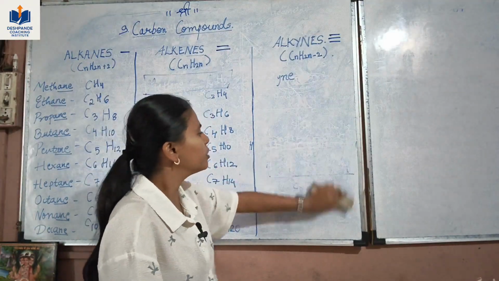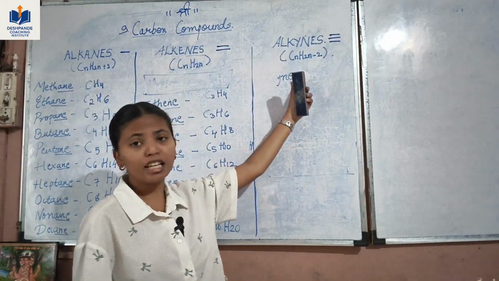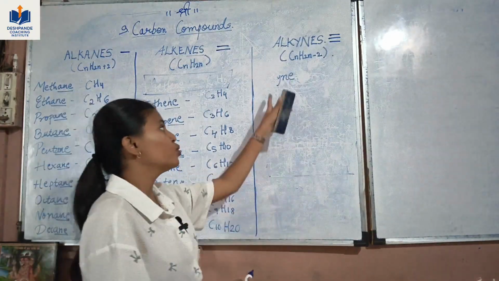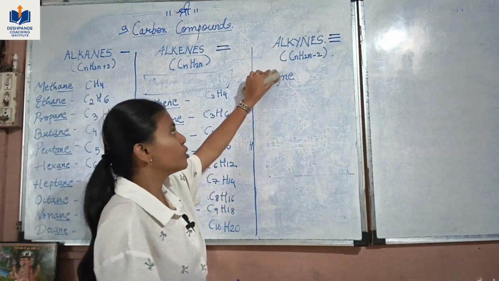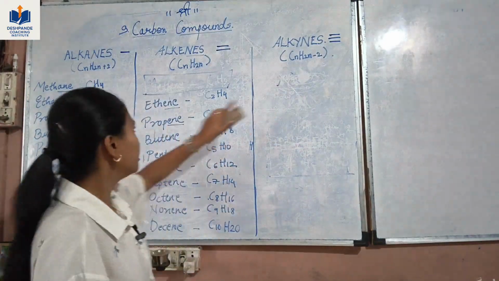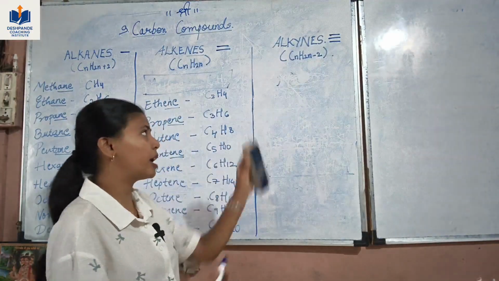Then if we go to alkynes, the formula is CnH2n minus 2. As I told you, the ending is YNE. So here also methyne doesn't exist because we have to create a triple bond between 2 carbon atoms.